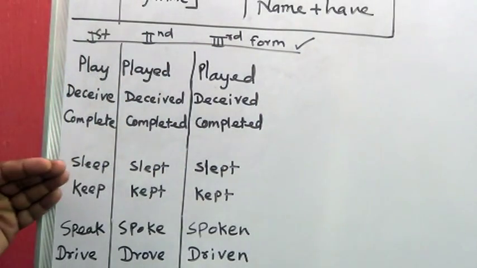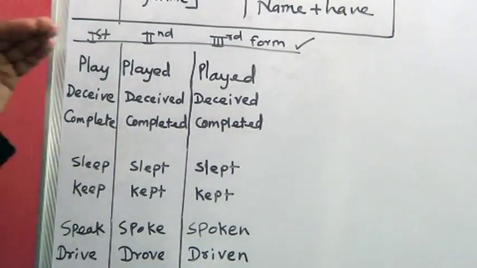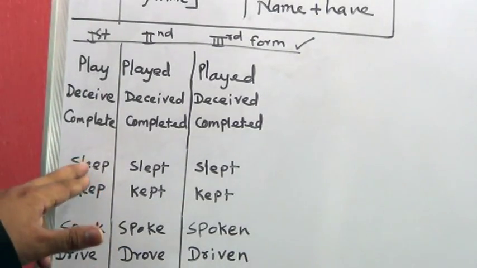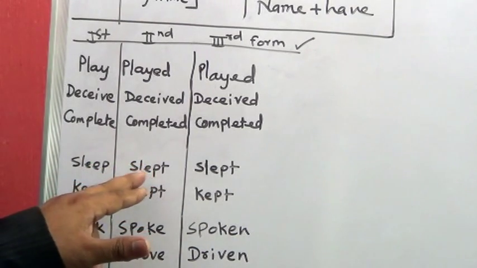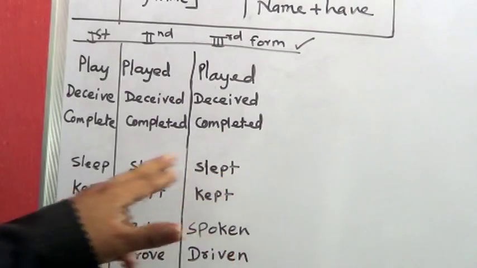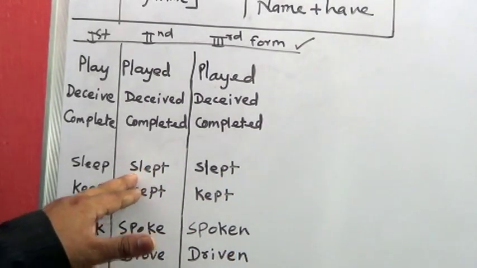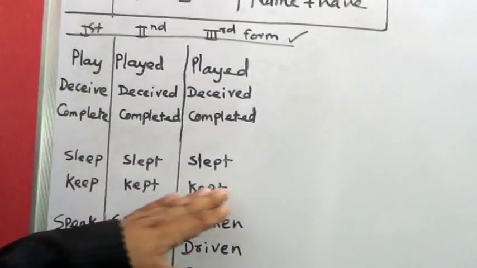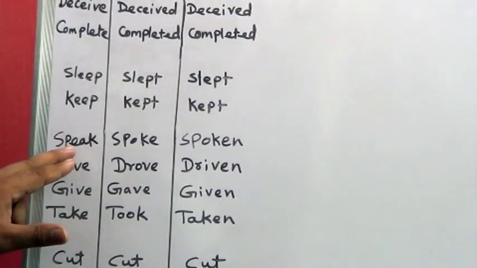But there are certain verbs which do not follow this pattern. जैसे कि sleep. Now sleep in second form becomes slept. In third form also remains the same. So here it has not followed that ed pattern. Similarly, keep, kept, kept. Let's take speak.